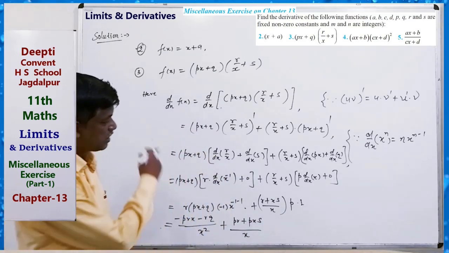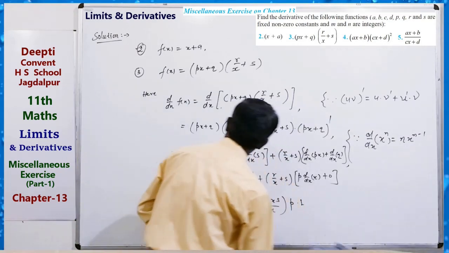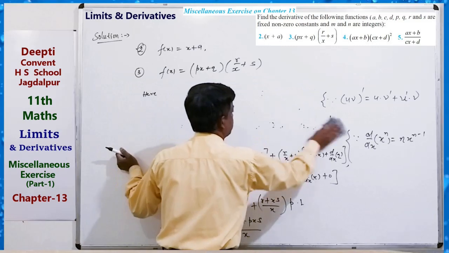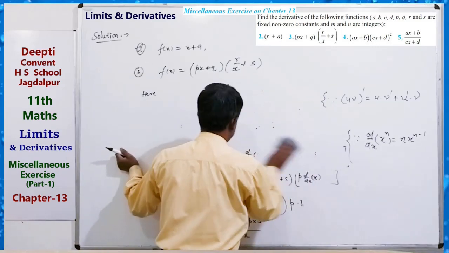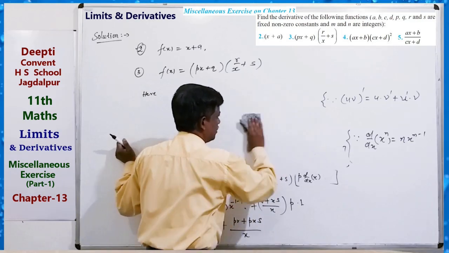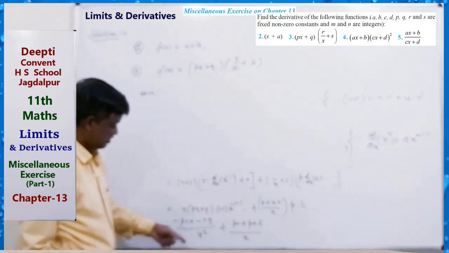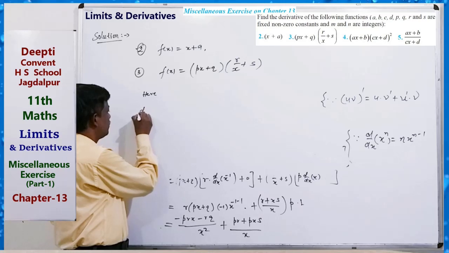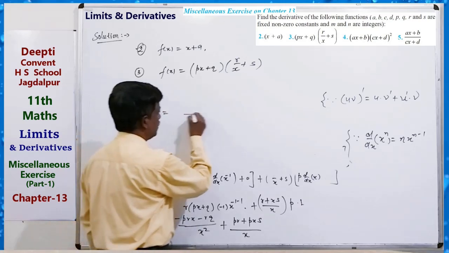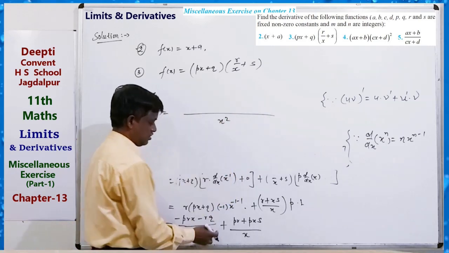Clear? Now taking the LCM, just simplifying it for the answer. d by dx of f(x) equals, simplify, taking the LCM, which is x square.